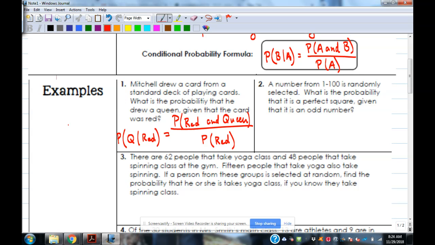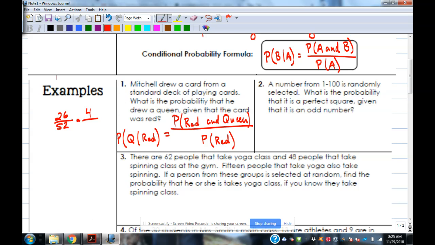So we want to find the probability. What's the probability of drawing a red card? Yeah, 26 out of 52, which ends up being 1/2. That's exactly right. And then the probability of it being a queen would be 4, because there's 4 suits.